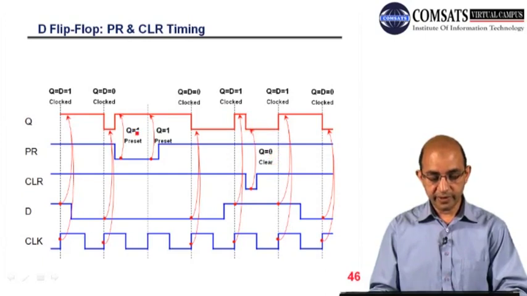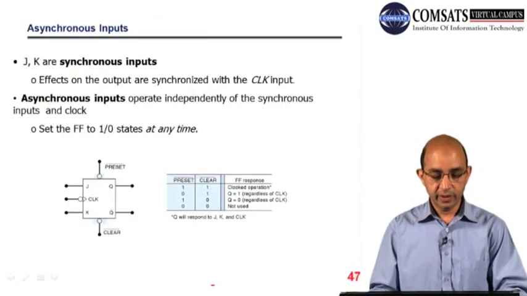Again, whenever preset and clear are 1 and 1, we rely on the clock and follow the active edge, so Q follows D. Here D is equal to 1, so Q is also 1. This is the D flip-flop.